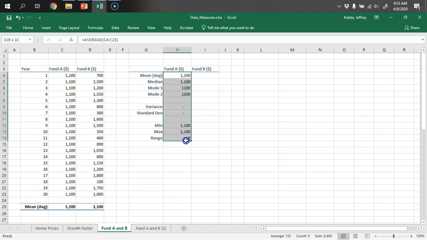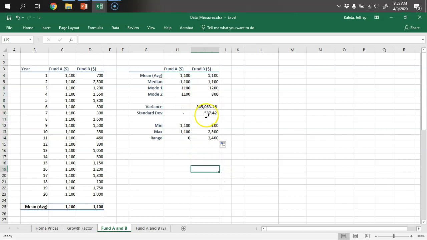All right. Using my rule of relative referencing, I should be able to take these formulas, copy them from left to right, and now I can get the same measures of data here on the right for Fund B. So here you can see a lot of differences. Let's point out a few things. So the mean is the same, the median is the same. However, we have some different modes.